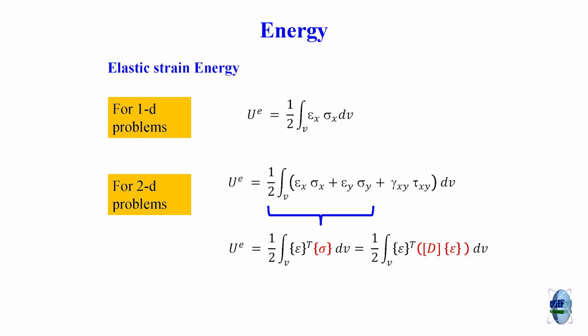So I want you to now start thinking in terms of this equation written not as an elaborate expression, but in a compact matrix notation as epsilon transpose sigma. Those of you who are not familiar: epsilon is epsilon x, epsilon y, gamma xy.